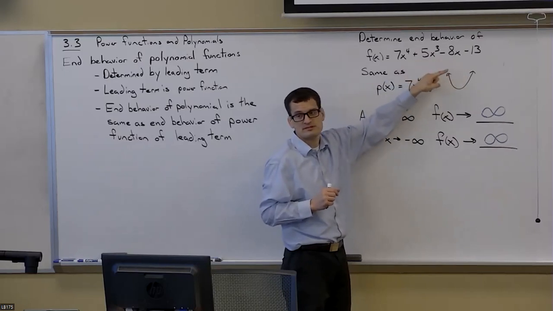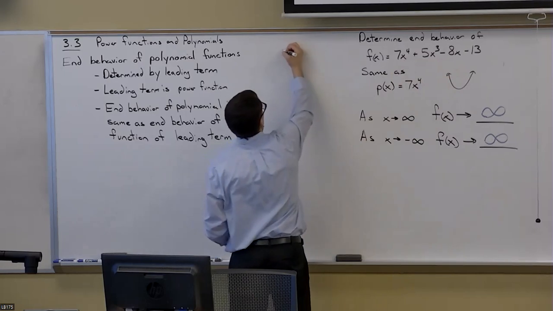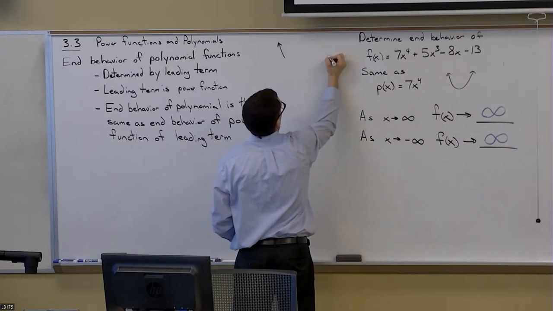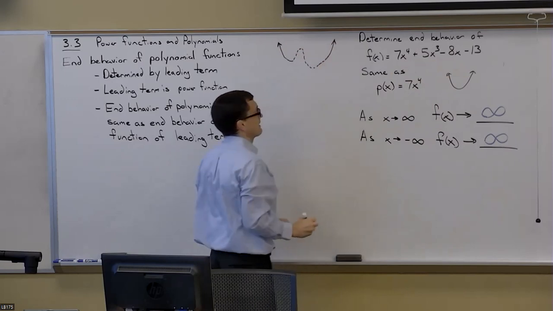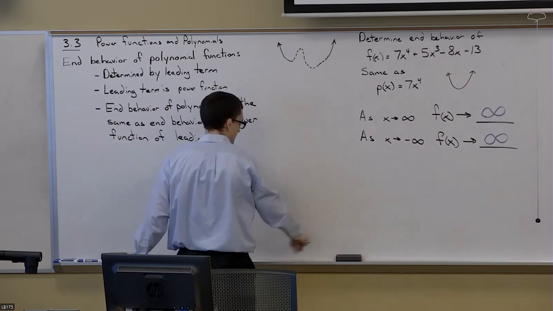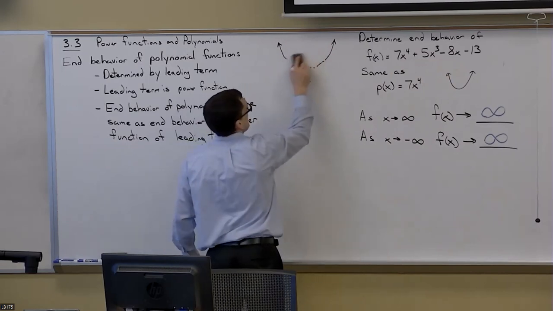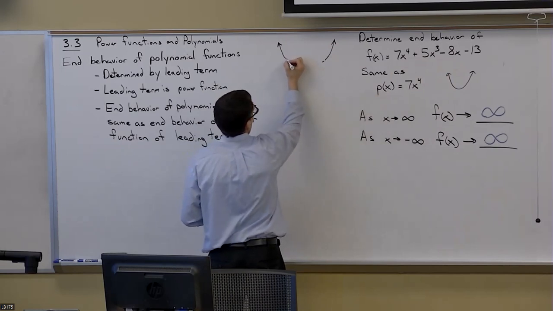Does that make sense? This function here might do all kinds of wacky things in the middle. So it might go up and down and do something like that in the middle, right? But the end behavior is like that of 7x to the fourth.